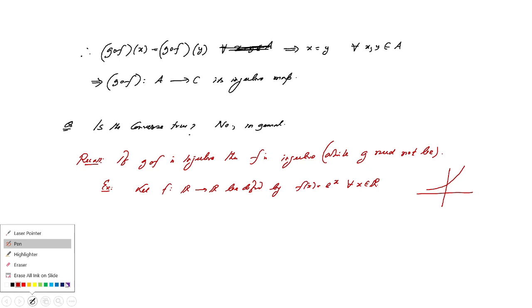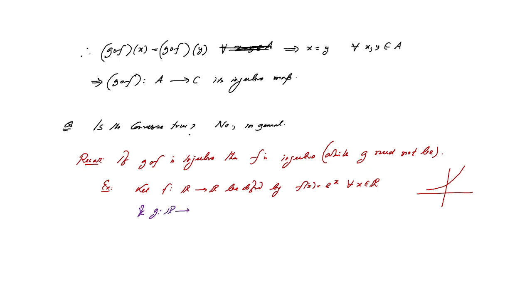And g is a function from R to R defined by g(x) equals x squared for all x belonging to R. Here you will see this is not injective, because if we take 1 and minus 1, g of 1 equals g of minus 1, but 1 does not equal minus 1.